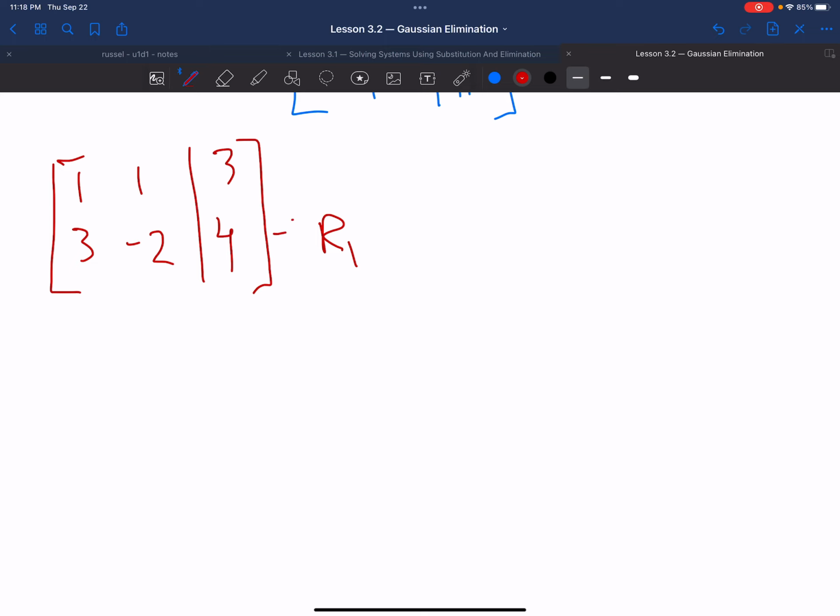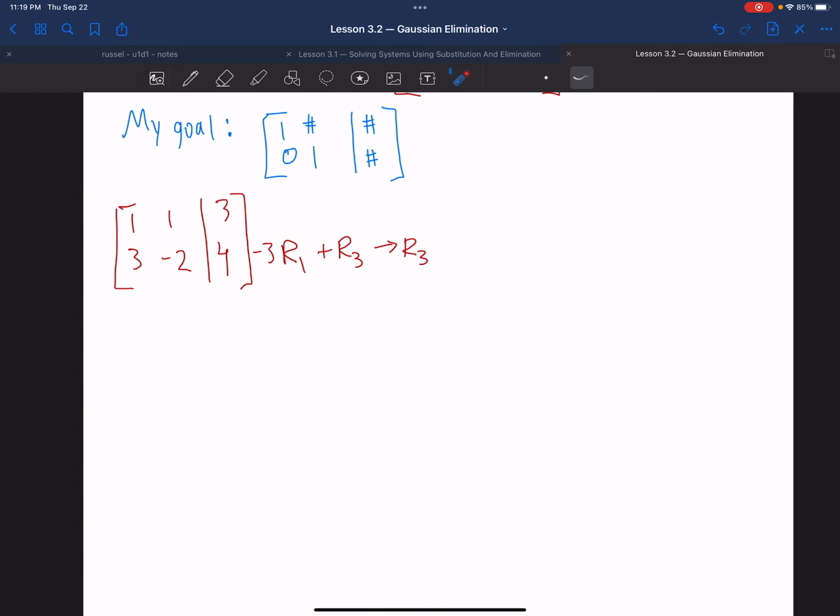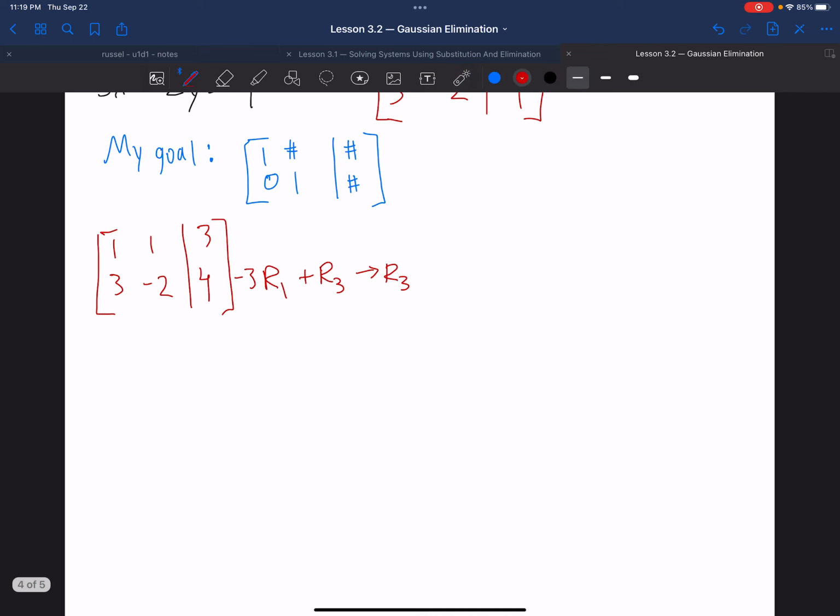I'm going to multiply it by -3 and take that result and add it to row 2. Figure out what that result is, and then replace row 2 with that. Or in other words, figure out this and put it into row 2. Replace row 2 with this. Okay? So watch. Just watch what happens.